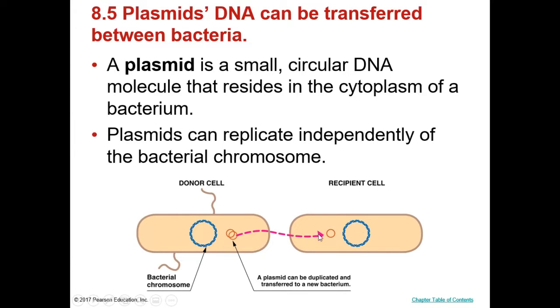So these plasmids, keep in mind that they're DNA, right? They contain genes. And for the most part, these genes provide protection to the bacteria, okay? Like, for example, resistance to antibiotics, right? So most bacteria that are resistant to antibiotics achieve that through the use of plasmid transfer.